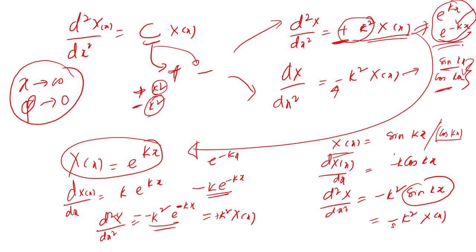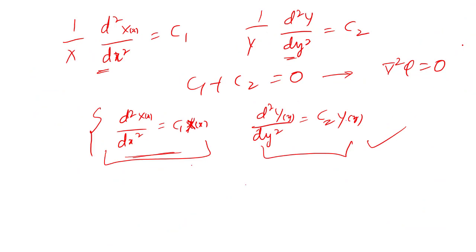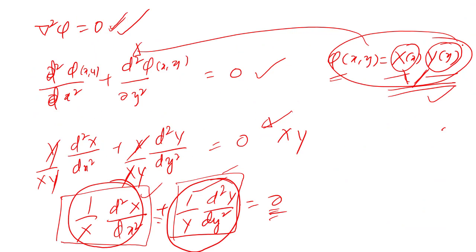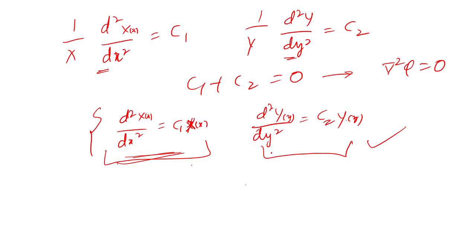Bearing that in mind, let us go back to the equation that we had here. We are interested in solving these two, and we know our boundary conditions. One of our boundary conditions is that phi goes to 0 as x goes to infinity. In order for this boundary condition to work, we will choose C1 to be positive.